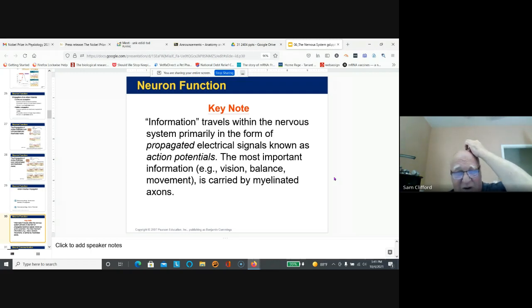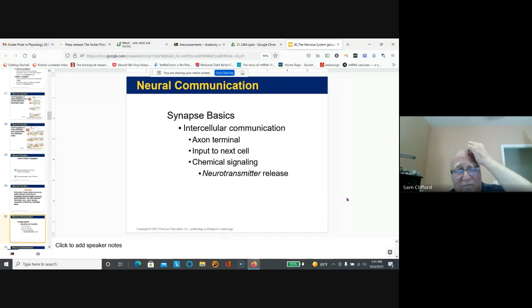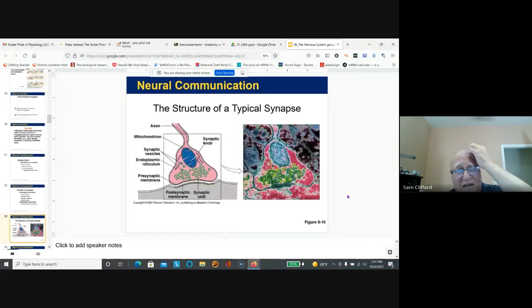So action potentials are electrical signals. The most important information, vision, balance, movement is carried by these myelinated axons. So what's a synapse? A synapse is the gap between the presynaptic nerve ending and the postsynaptic membrane.